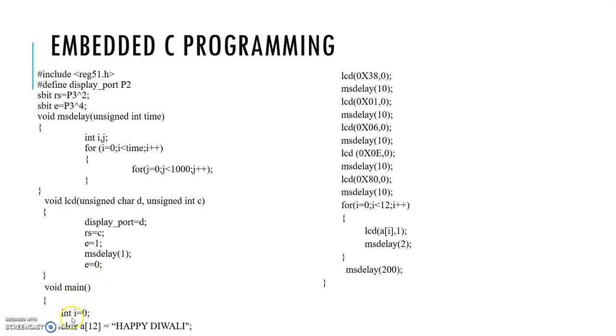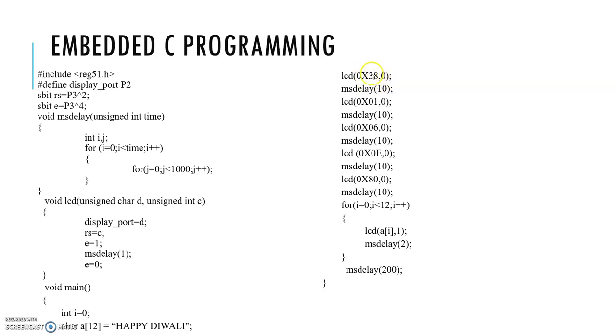In the main function, int i is equal to 0. We are specifying an array a with 12 characters. The array length is 12, and we type what we want to display. Happy Diwali is the word that we want to display, and if we want to put a space, we need to add the space in between. Then the LCD function is called with 0x38, 0.